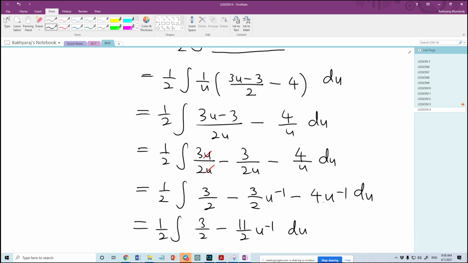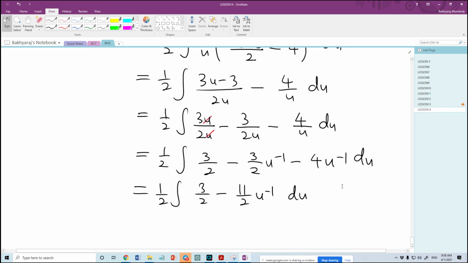So we can put them together, we can plus minus them. So now I give you the last answer: 1 over 2 bracket 3 over 2 u minus 11 over 2 log u plus c.